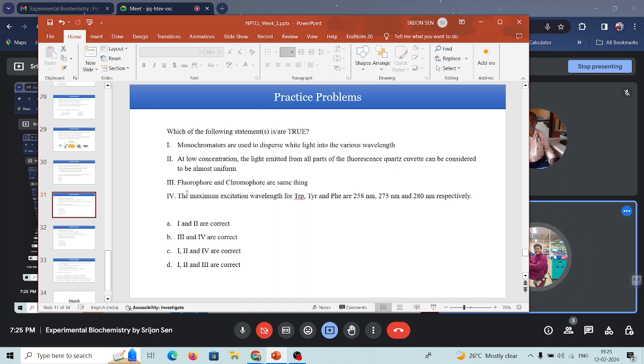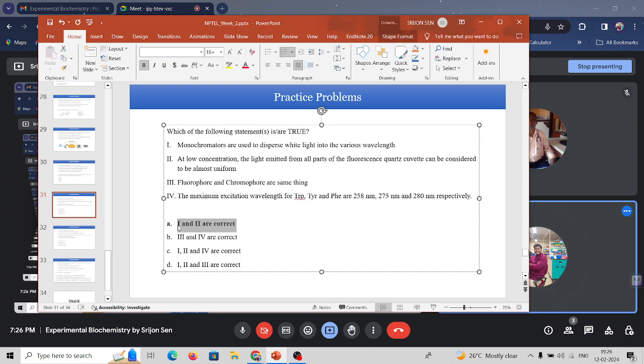Those two are different. Monochromators are used to disperse white light into various wavelengths. That is correct. And at low concentration, the light emitted from all parts of the fluorescence cuvette can be considered to be almost uniform. That is also correct. So 1 and 2 are correct, but the other two are wrong.